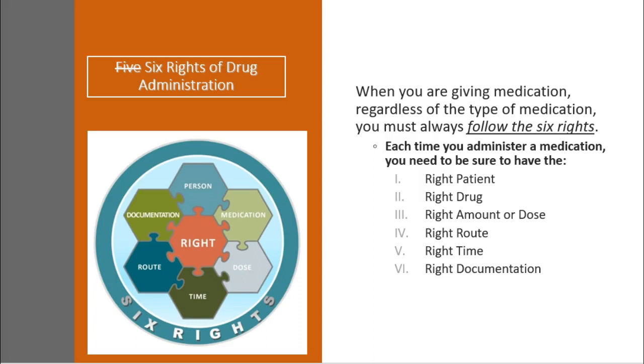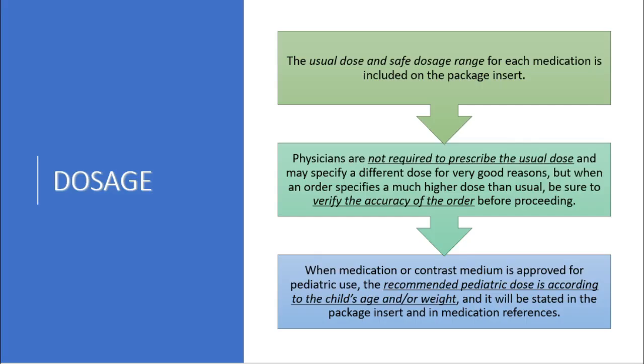Each time you administer medication, you need to be sure it's the right patient, the right drug, the right amount or dose, the right route, the right time, and the right documentation. In your book, they missed documentation, so I have corrected that because you have to document it. If you didn't document that you gave the drug, you never gave the drug. So make sure you document that you gave the contrast.